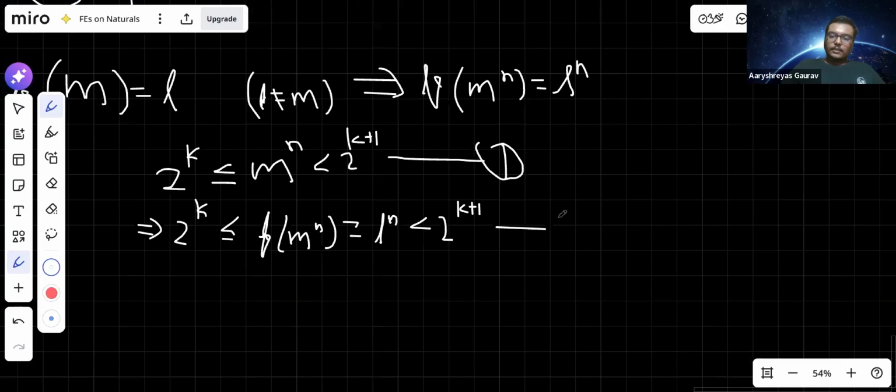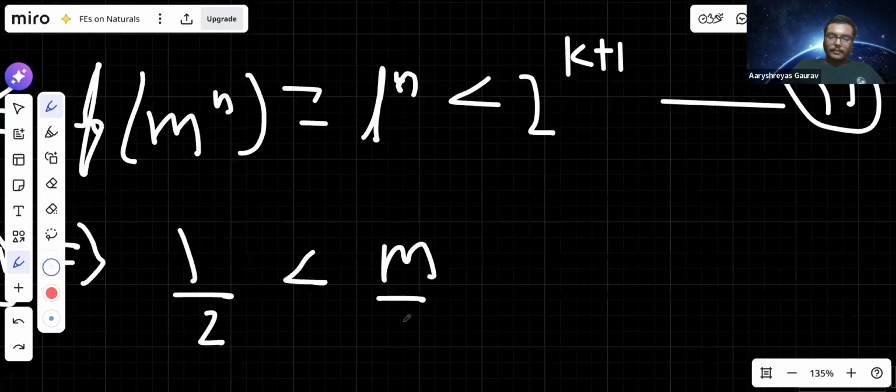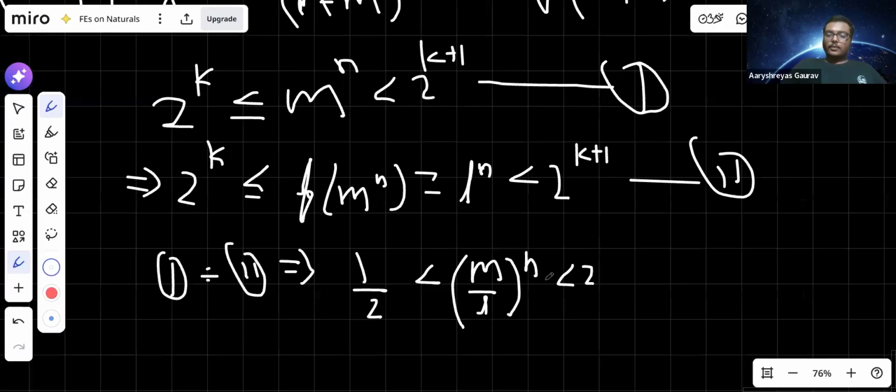Now just divide both of them. Equation 1 divides equation 2, I mean. So we will be ending up with 1 by 2 less than m by L to the power n, and this is less than 2.